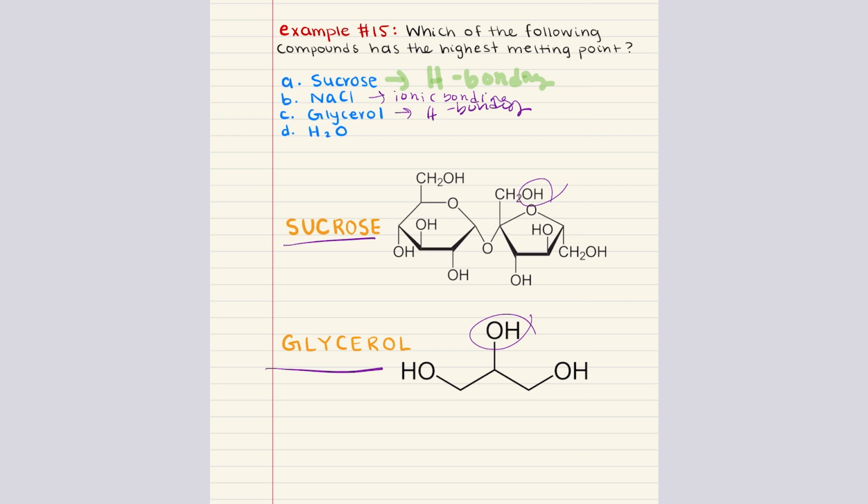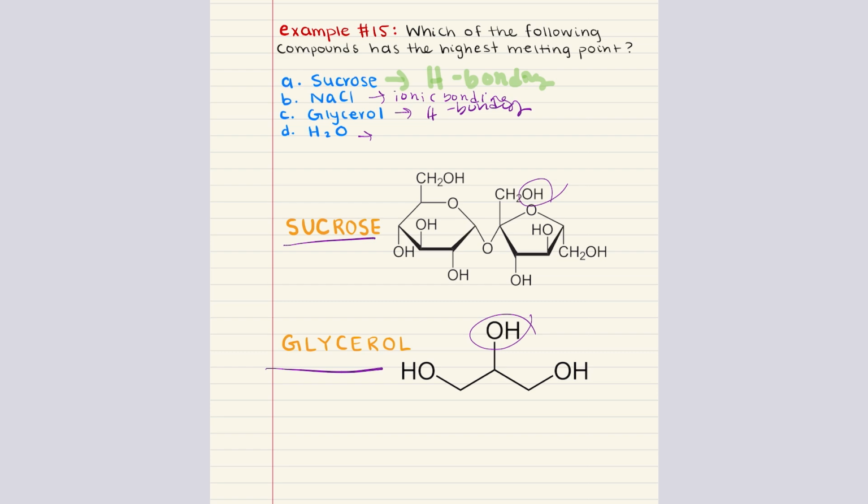And then our last answer choice is water. Water is known for its strong hydrogen bonding due to the 2 hydrogen atoms bonded to oxygen. But again, while hydrogen bonding is the strongest intermolecular force, it's not as strong as ionic bonding. And there's only one answer choice here that demonstrates an ionic compound, and that is sodium chloride.